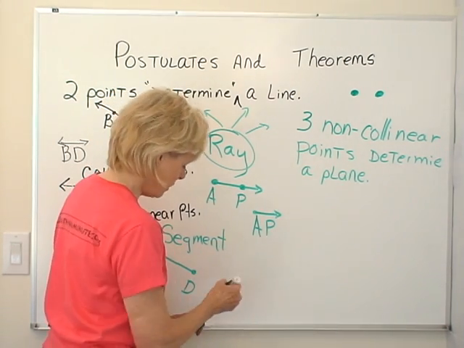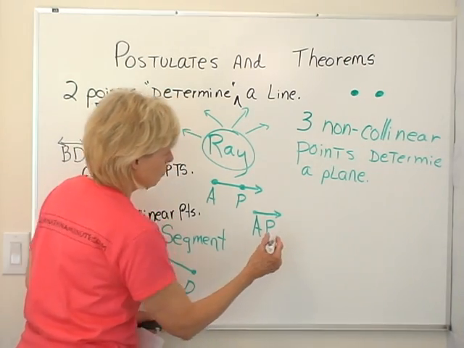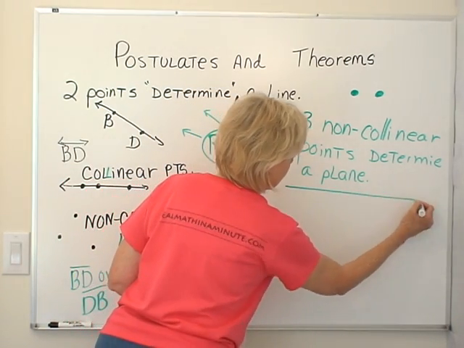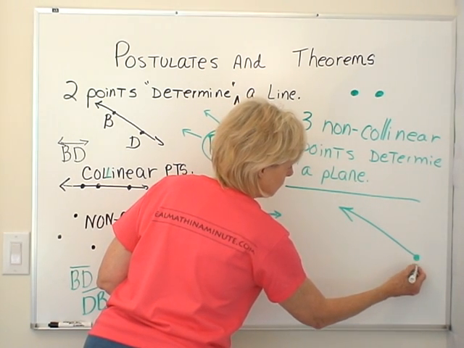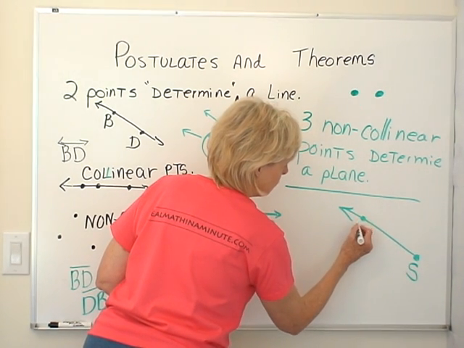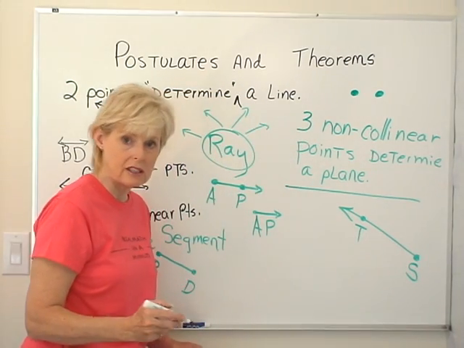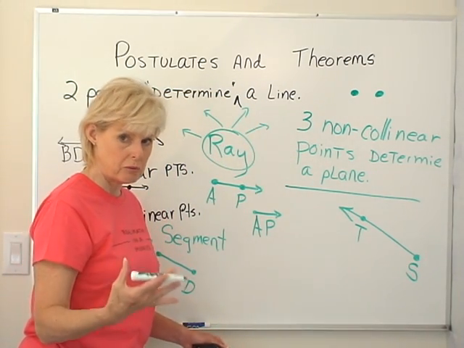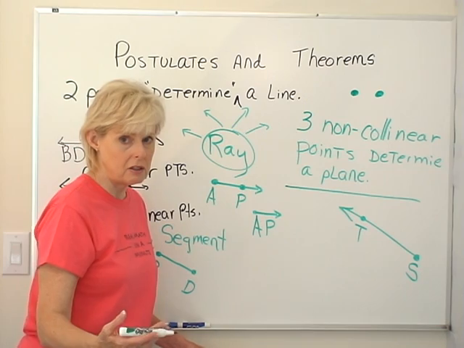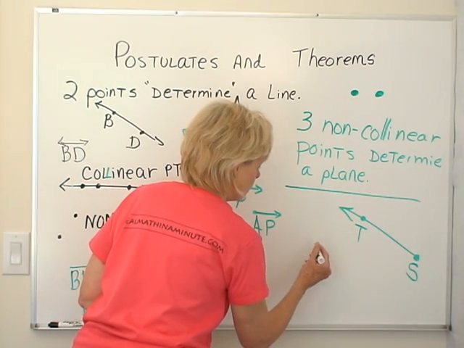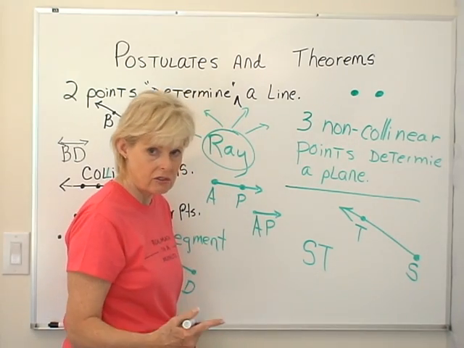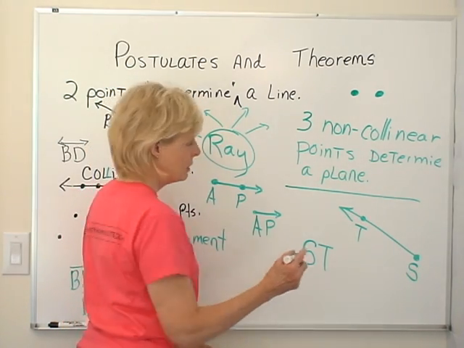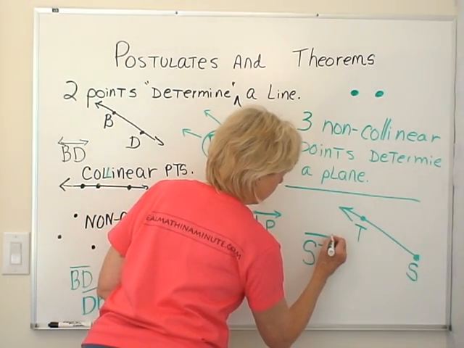Now you might have a ray that is coming like so. And let's say that that's capital S, and that point we will name capital T. And if we want to name that ray, we start with the endpoint, which is S, and then we go to T. So that is ray ST. The S has to come first, and then the little ray symbol on the top.